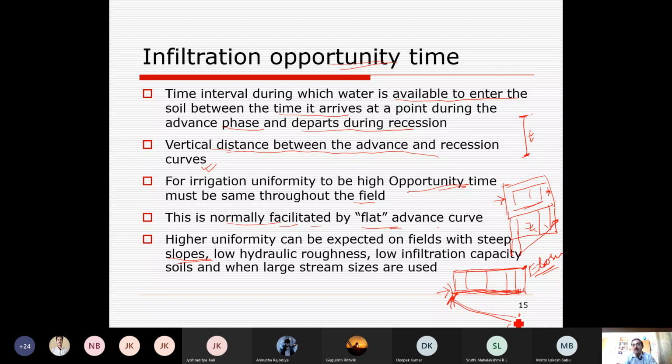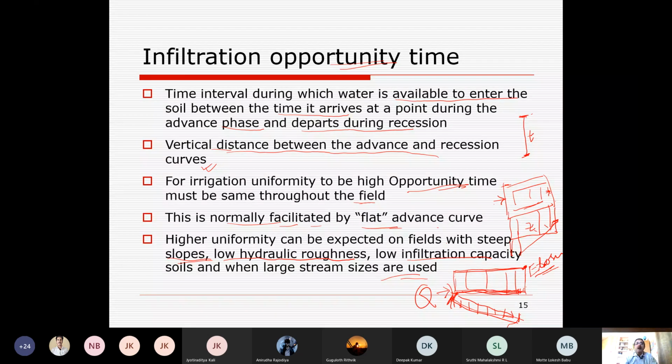High uniformity can be expected on fields with steep slope, low hydraulic roughness condition, where there is no roughness to retard the flow of water, and low infiltration capacity, so there is no loss of water and all water goes directly to the bottom of the field. And when large stream sizes are used, it means heavy discharge is diverted to the field. But remember, these are not practically possible conditions.